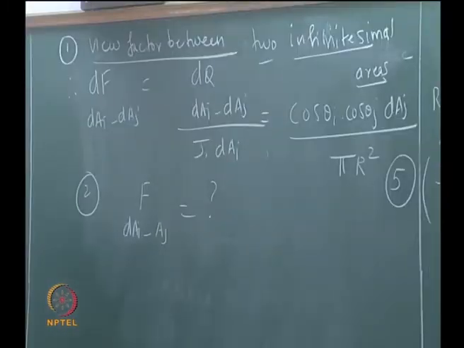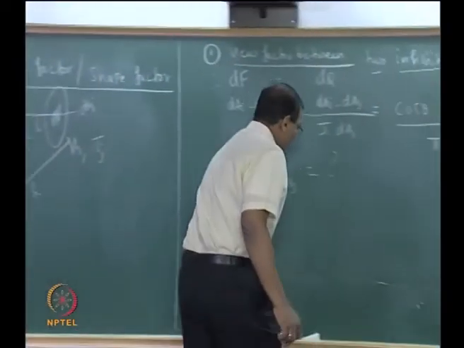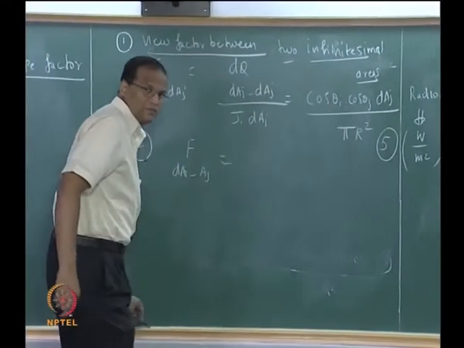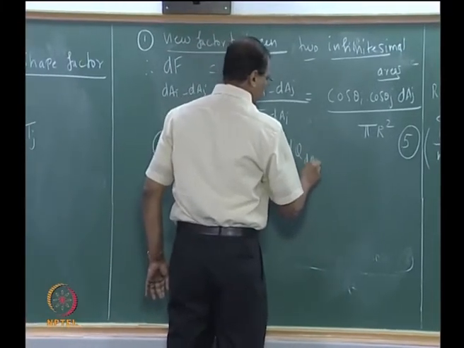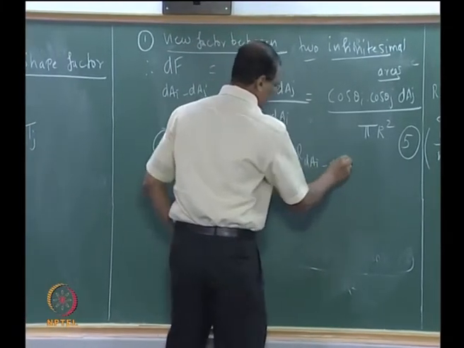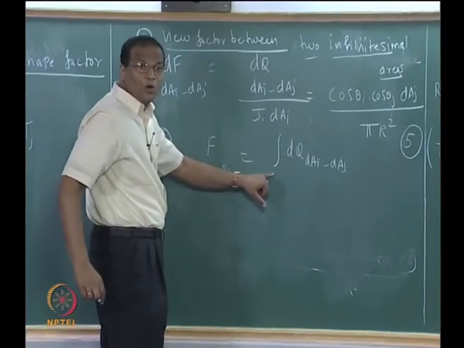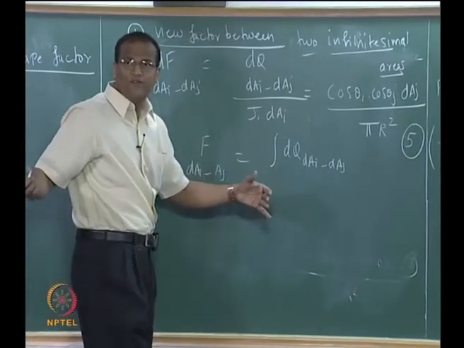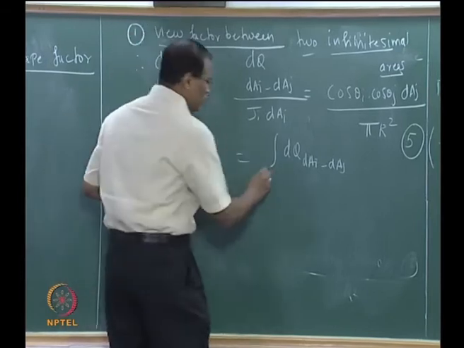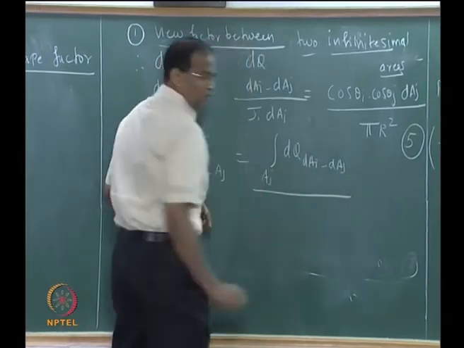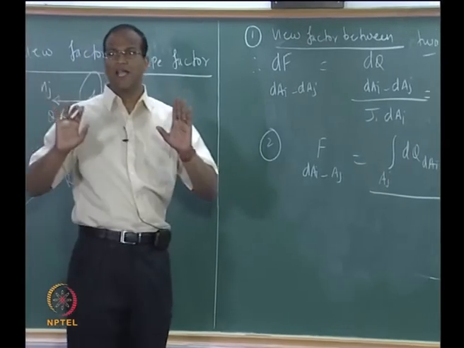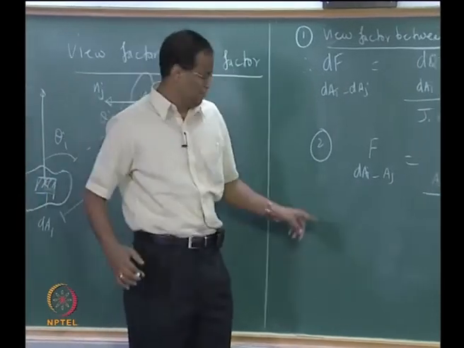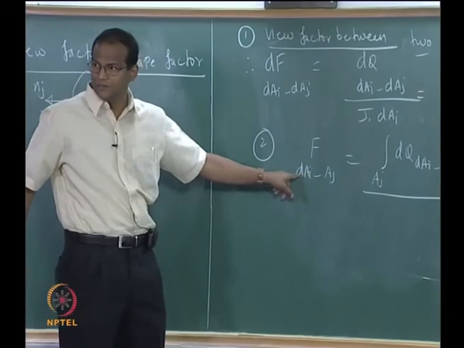Now what is the numerator? Over pi, constant, very good, divided by Ji dAi, that stays because it is from dAi only.